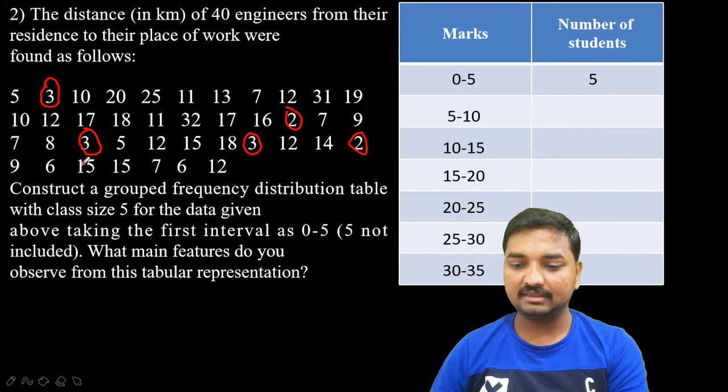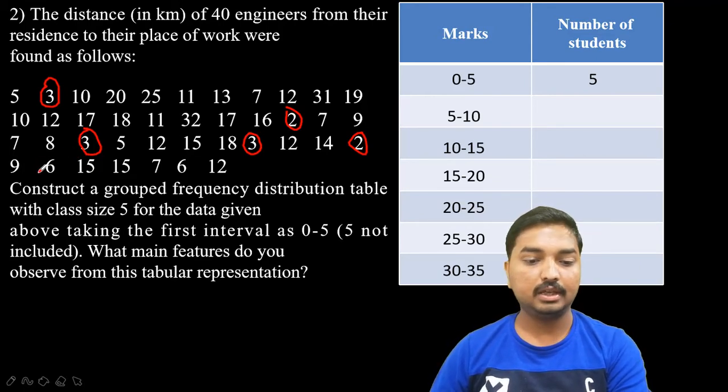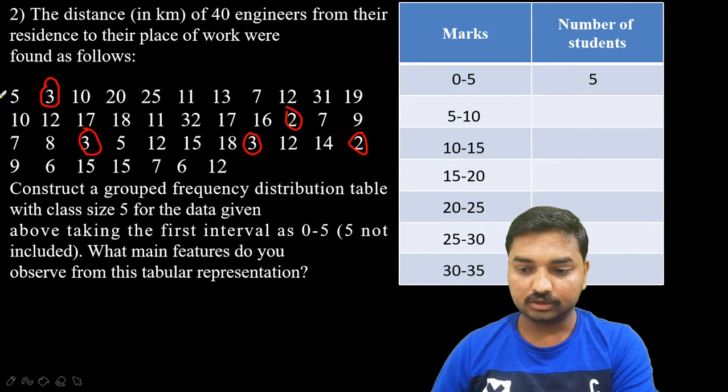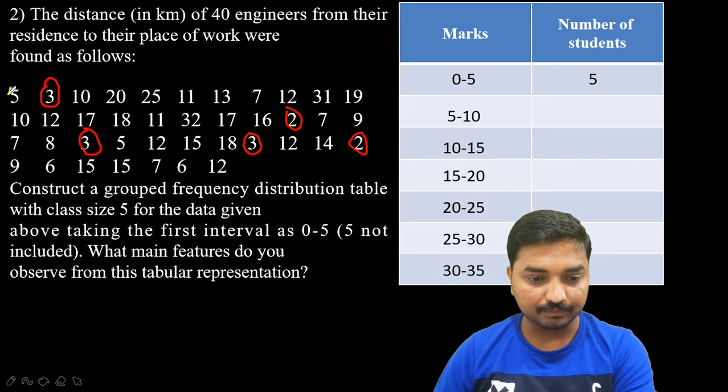Now the next thing, 5 to 10: 5, 6, 7, 8, 9, but not 10. Now I'm going to mark with a different color. I'm going to choose yellow. So 5 means here it is the 5. Exclude the 10. Here it is a 7. I'm going to mark this one 7, and next 5 and greater, less than 10.